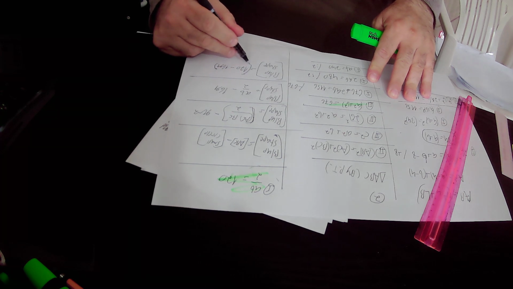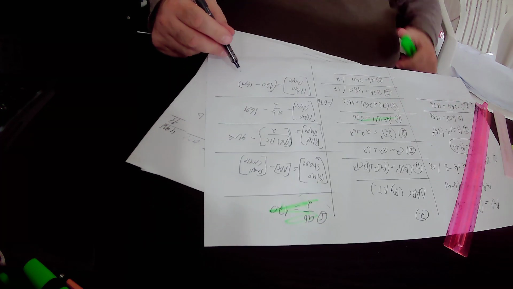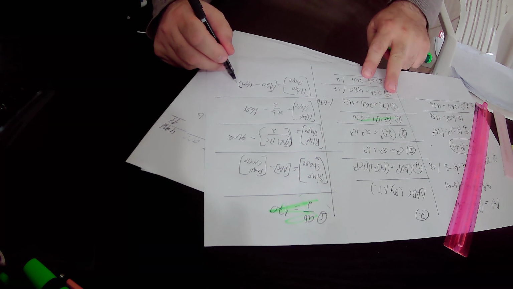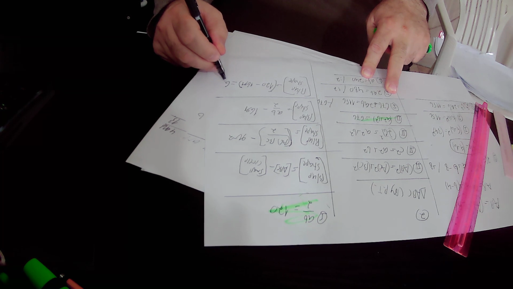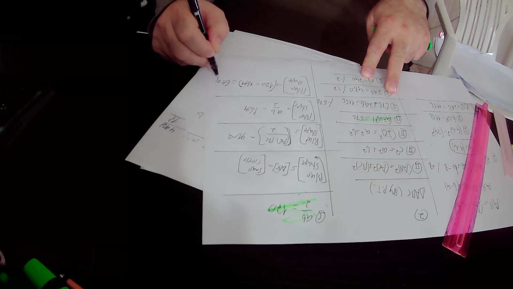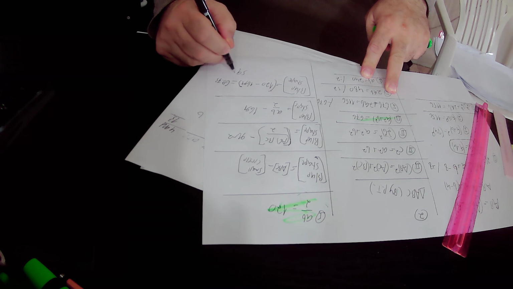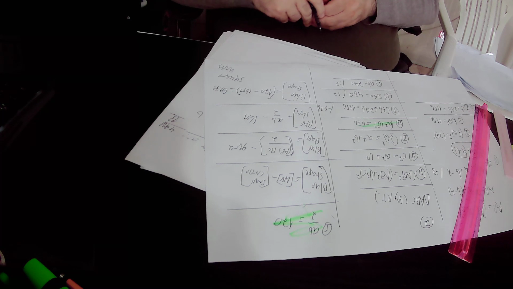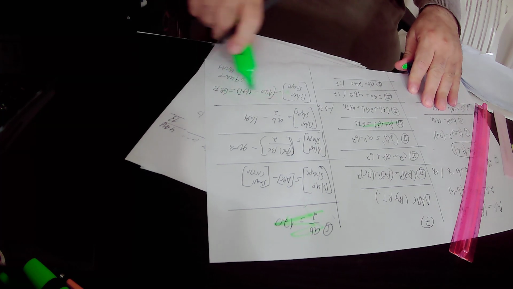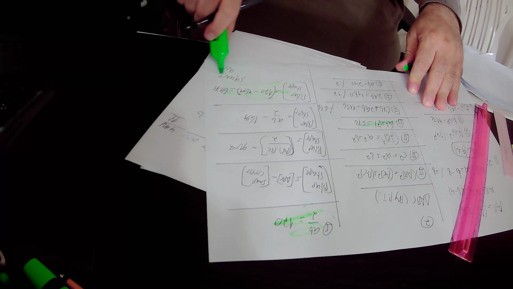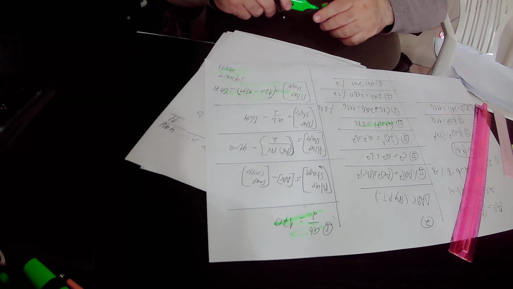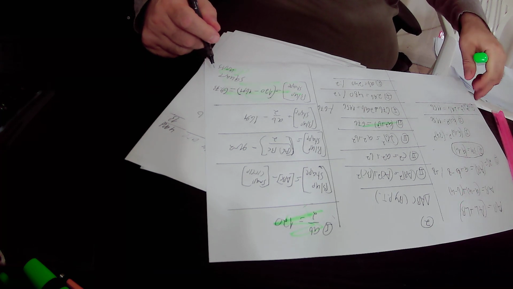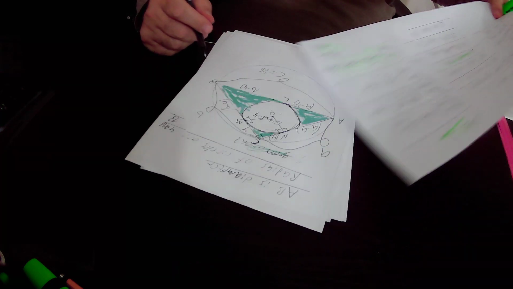Okay, so in conclusion, the area of the blue shape equals 120 minus 16 pi, or in terms of numbers, it equals 69.73 square units. I'll repeat again, the area of the blue shape equals either 120 minus 16 pi square units, or in terms of numbers, it is equal to 69.73 square units.